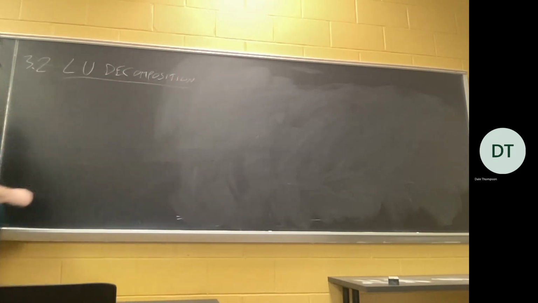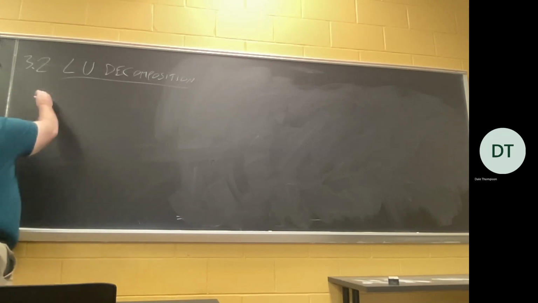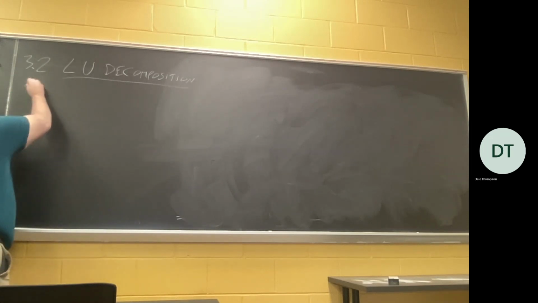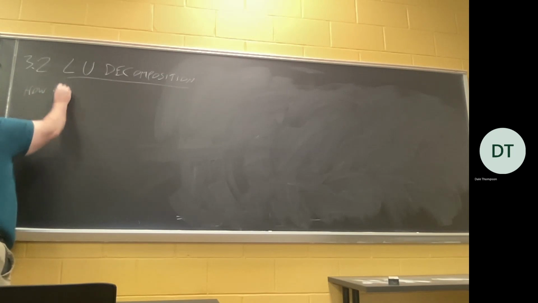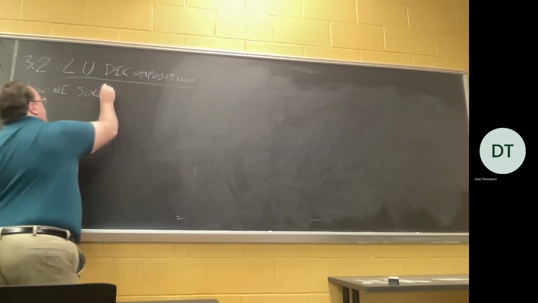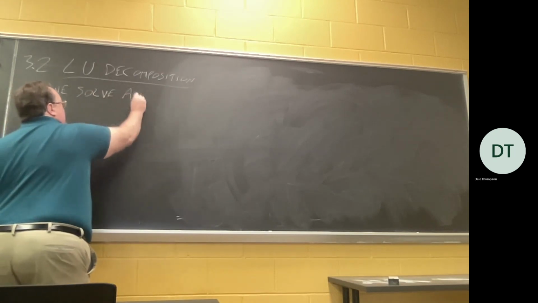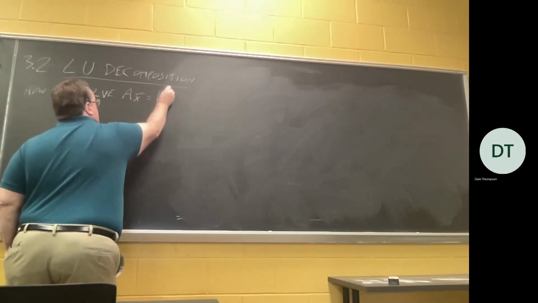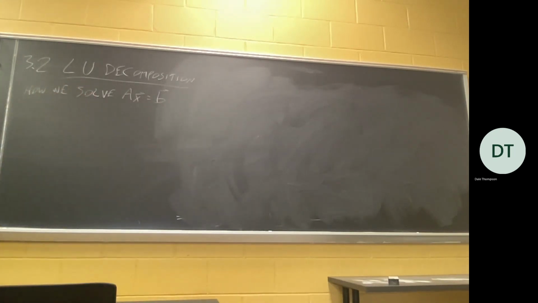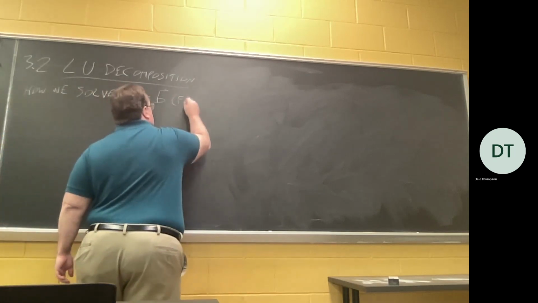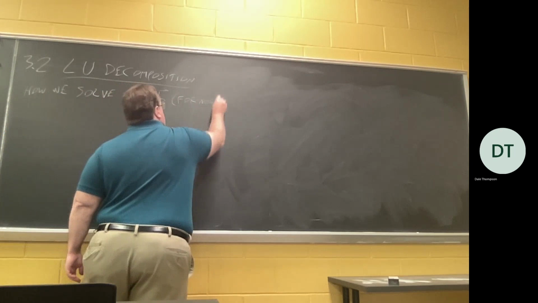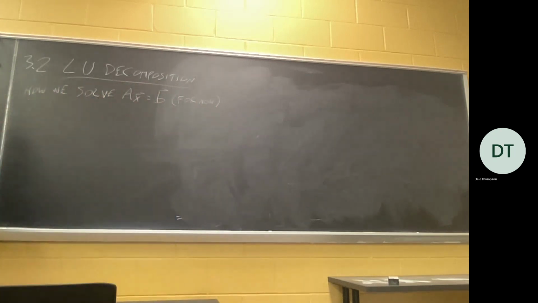So first, to motivate today's content, the process that we established from last time, solving a general system Ax equals b, where A is invertible, is pretty much what's done in an intro linear algebra class.